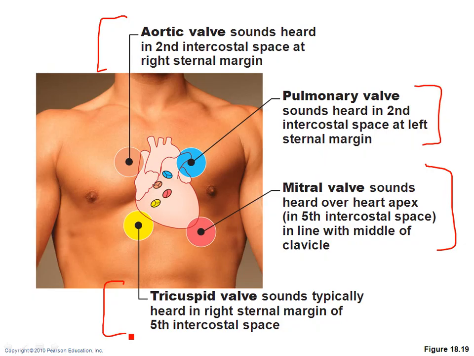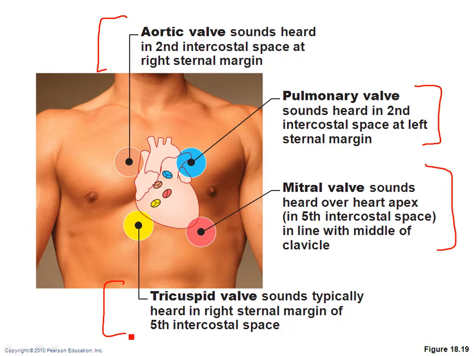The lub sound occurs as your AV valves close. The dup sound occurs as your semilunar valves close. But actually, in the lub sound, the tricuspid valve closes a little sooner than the bicuspid valve. Your pulmonary semilunar valve closes a little sooner than your aortic semilunar valve. So there are actually four distinct sounds that you can detect.